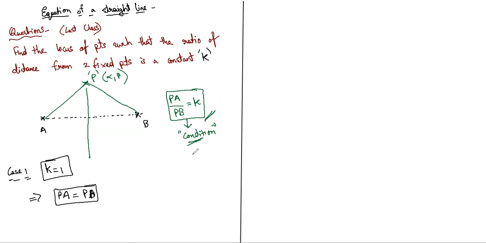Anyone remembers? Sir, a circle of radius PA. No, it's not a circle of radius PA. What are all the points satisfying this condition, PA is equal to PB? A and B are two fixed points and P is any variable point.